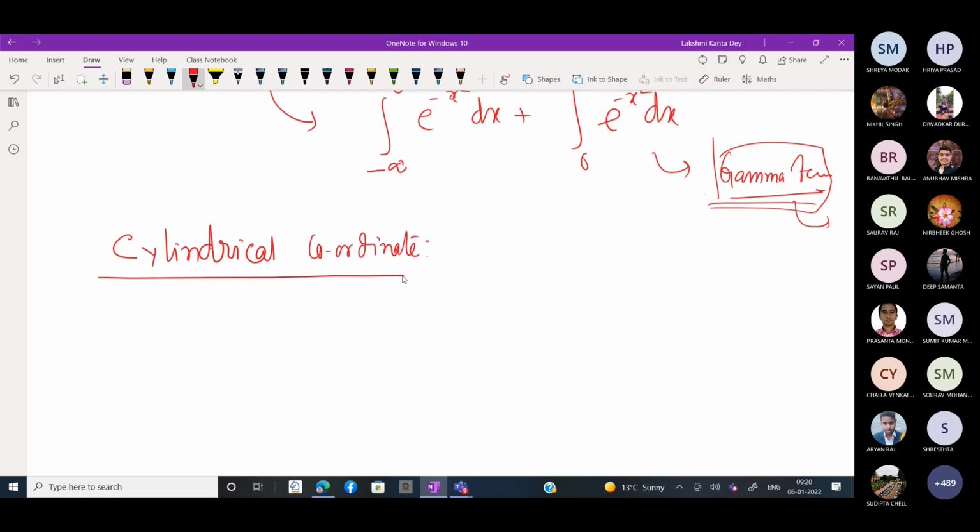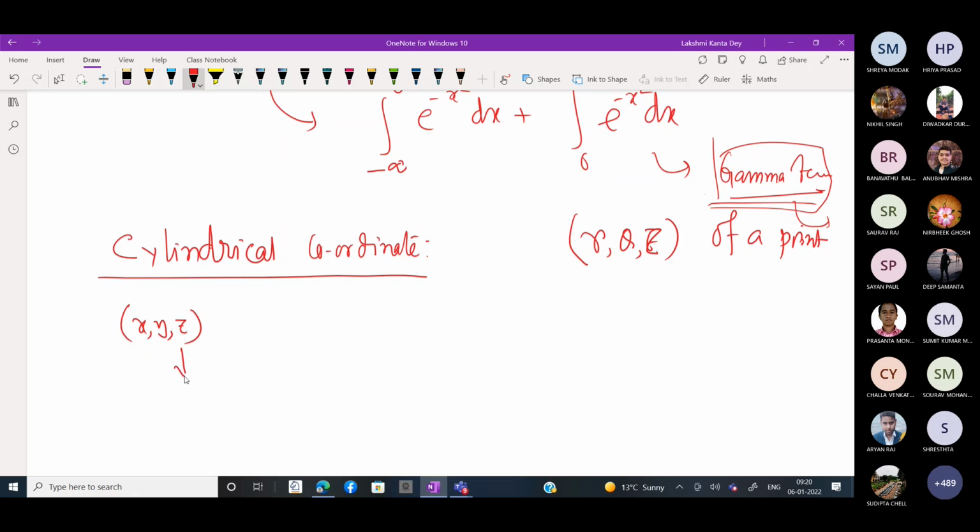So the cylindrical coordinate system, that is the new thing today I'm going to teach you. So the cylindrical coordinates, what is that? r, theta, z, of a point x, y, z.